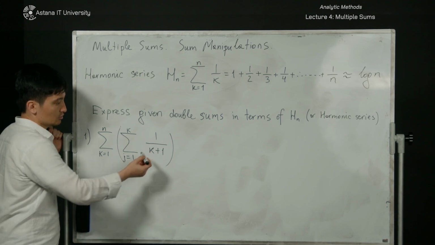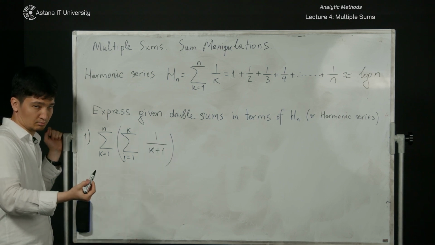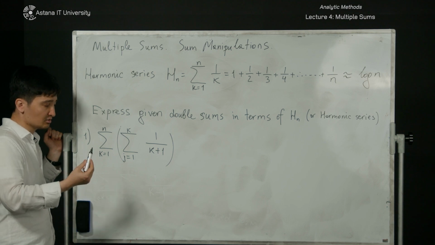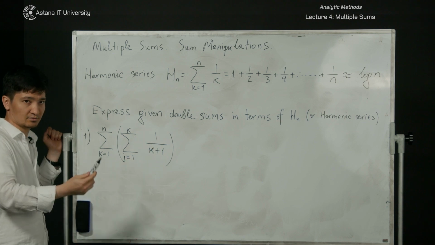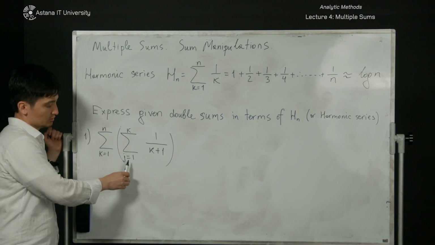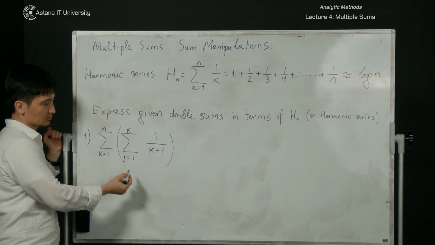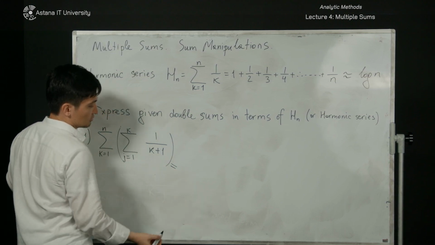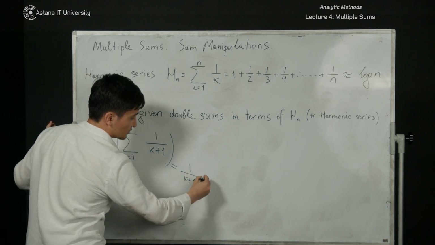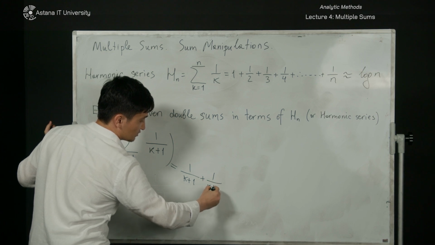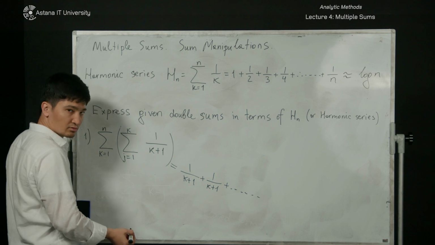In that case, we can treat this whole term under the sum as a constant, and if you have a constant, then you're basically adding this constant to itself from 1 until k times, right? So if you expand this, you're getting 1 over k plus 1 plus 1 over k plus 1, and so on and so on, okay?